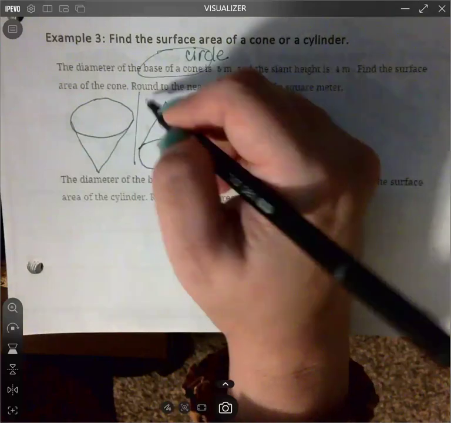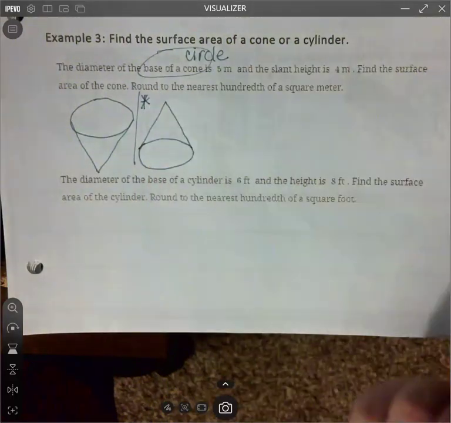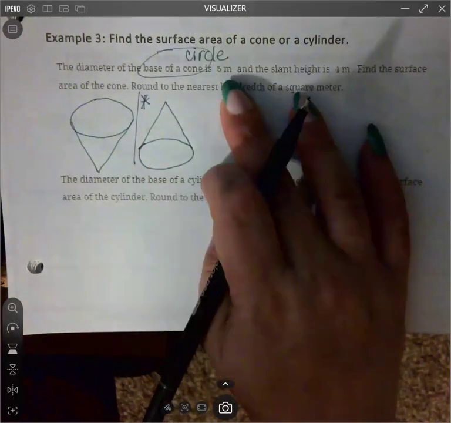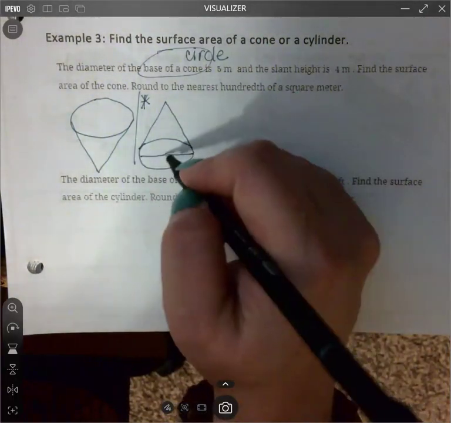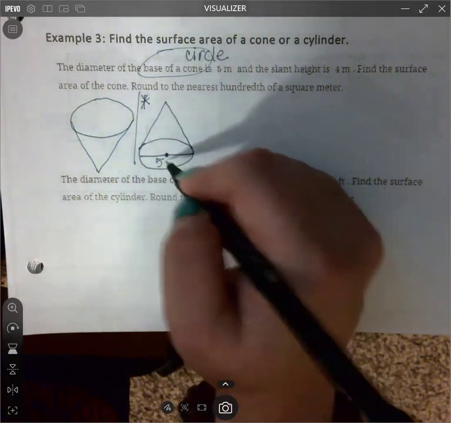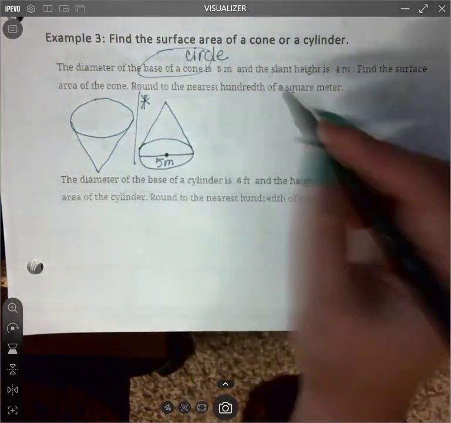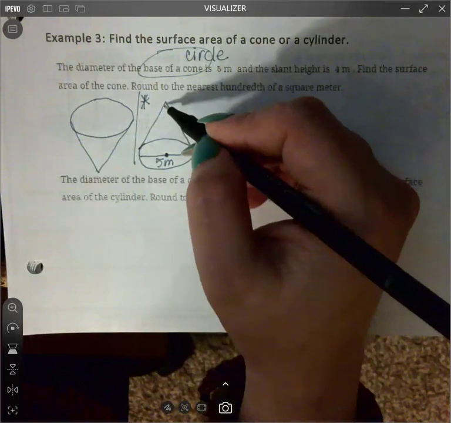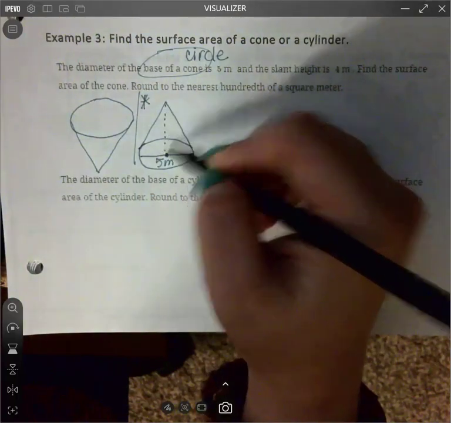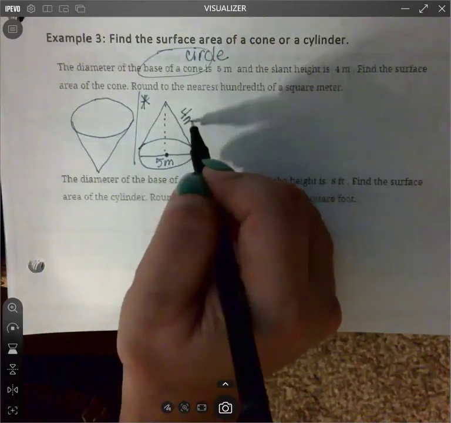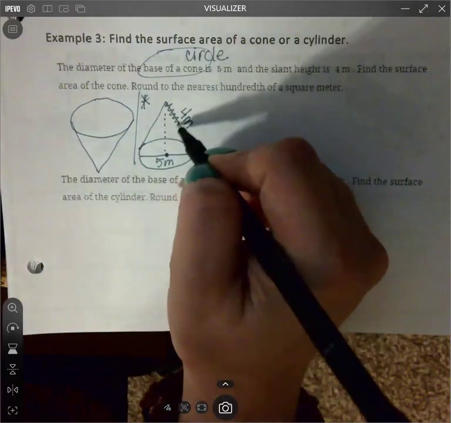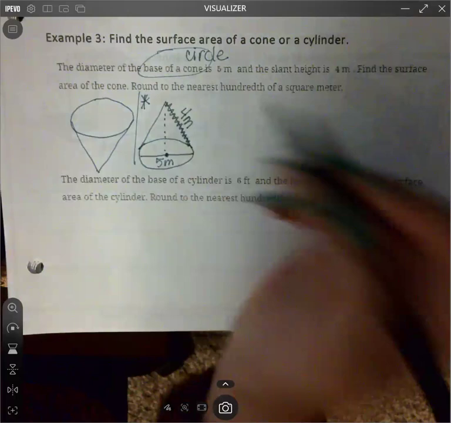Again, this one is the one that I'm going to use. The diameter is 5 meters. That means all the way across through the center is 5 meters. The slant height, so not this height, but the slant height is 4 meters. That's the slanted side right here.